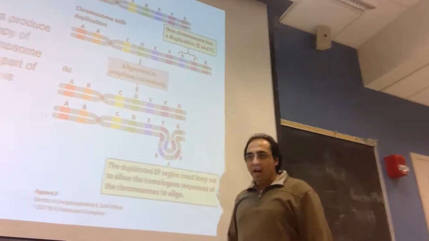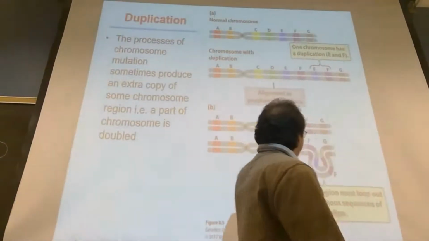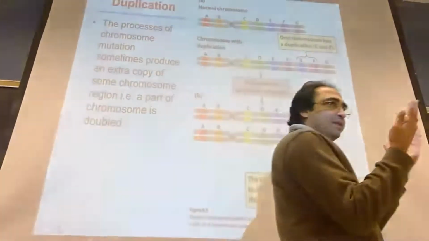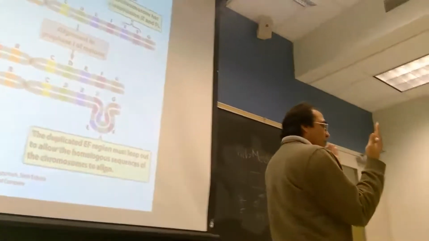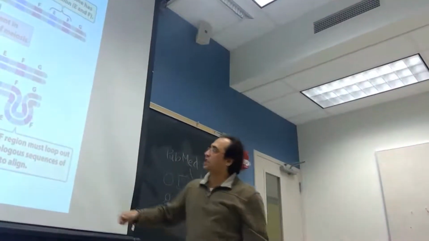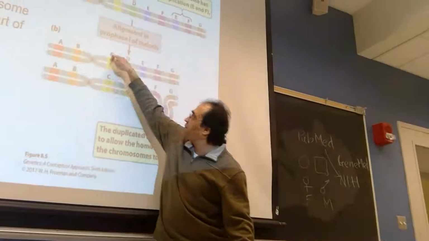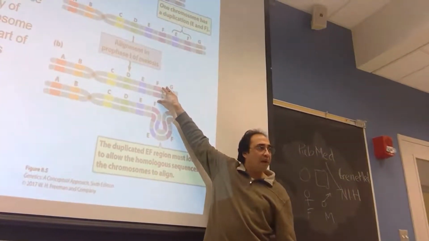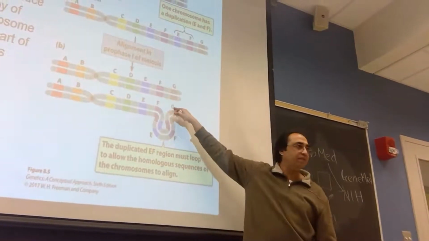Clear? Now the thing is, when the EF gene is duplicated, how can they pair during meiosis? During meiosis, homologous chromosomes come together. They are homologous, meaning all the genes match with each other. C, D, E, F. EF will also match, but what about this other EF?